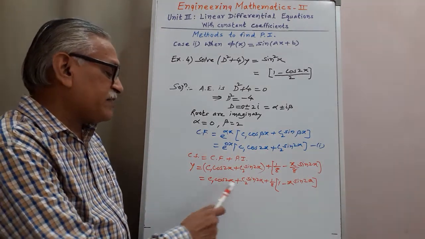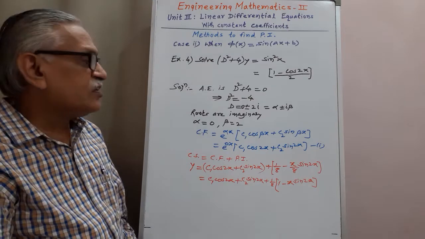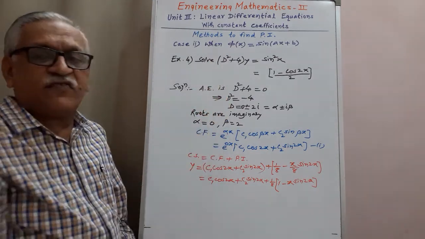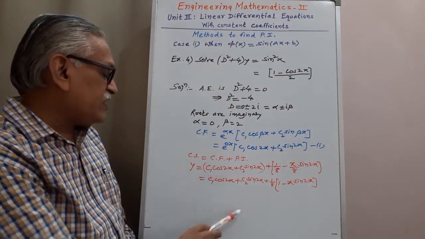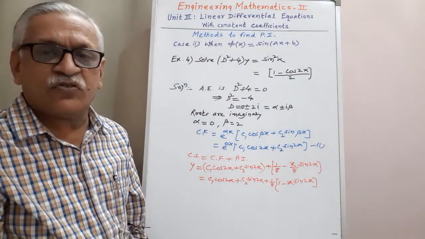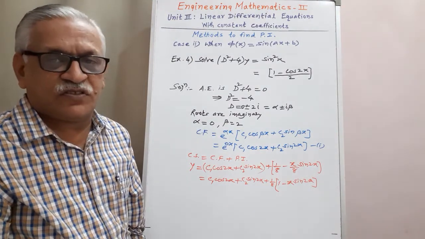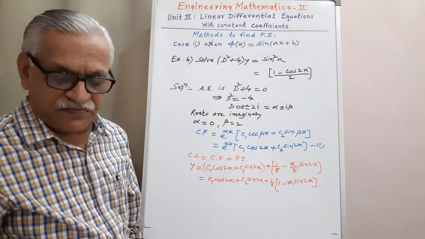It contains two arbitrary constants C1 and C2, which equals the order of that differential equation. Therefore, whatever we are obtaining is also called a general solution of that differential equation.